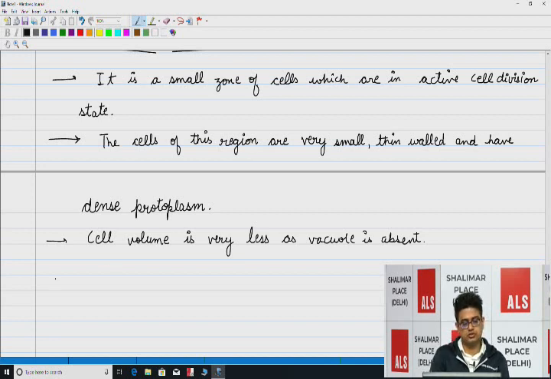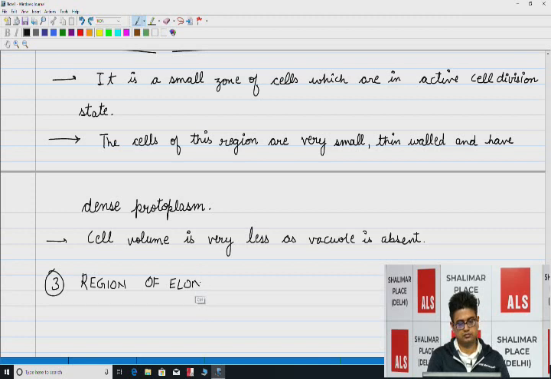Then there is the third zone called the region of elongation.